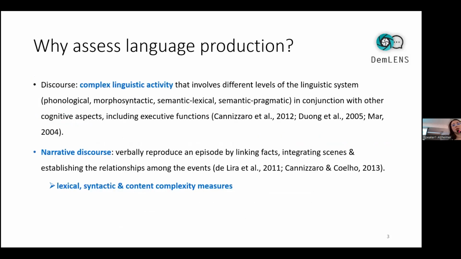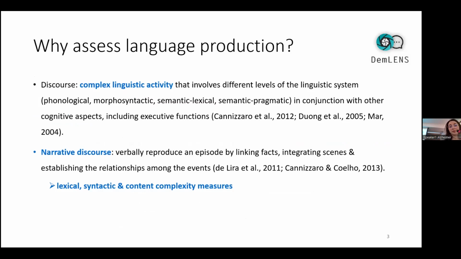Why would we look into language production? Discourse is a complex linguistic activity because it involves different levels of the linguistic system. So you get phonological, morphosyntactic, semantic lexical, and semantic pragmatic information that work together with cognitive aspects. But when you're looking at narrative discourse in particular, you get added information, because you get the verbal reproduction of an episode by linking facts, integrating scenes, and establishing the relationship among the events.